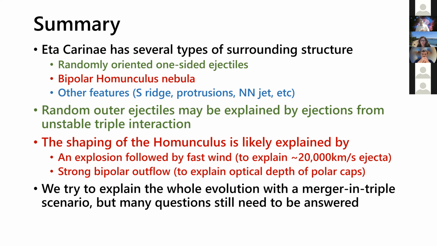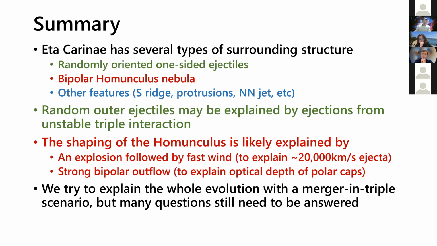So we're trying to work on wind models to see how to keep a star compact and not expand and just drive the wind instead. But also, on the hydro end, there are many things we still need to explain.